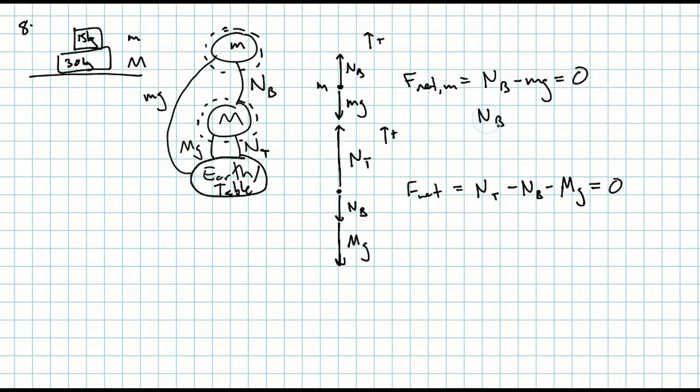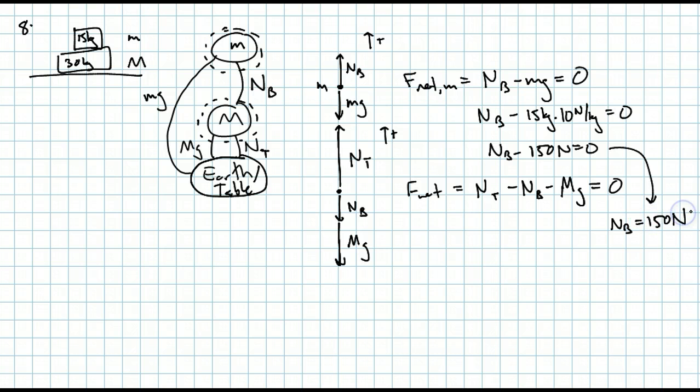So this is NB minus mg. Here m is 15 kilograms, g is 10 newtons per kilogram. So NB minus 150 newtons equals 0, which tells me pretty quickly that NB is 150 newtons. NT is unknown.